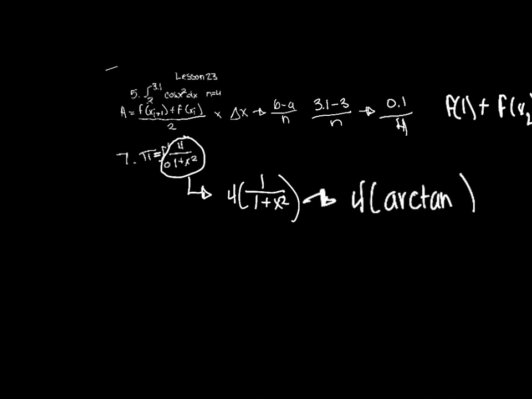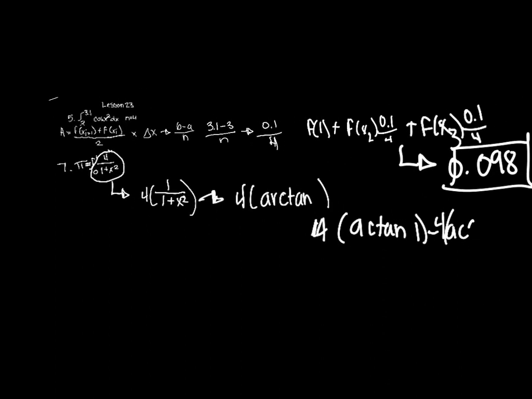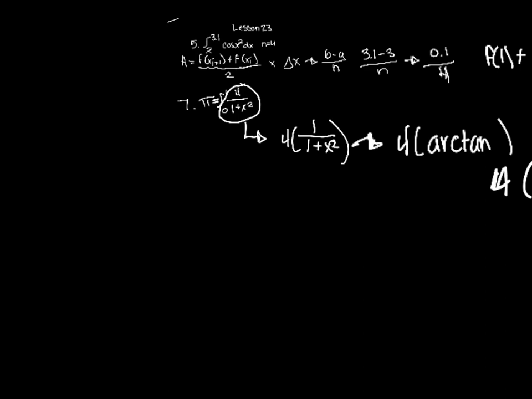So now we're going to replace this equation with this equation. So it will be 4 arctan of 1 minus another 4 arctan of 0.